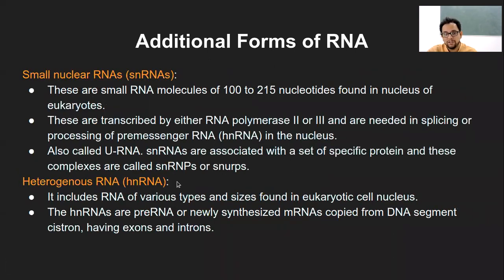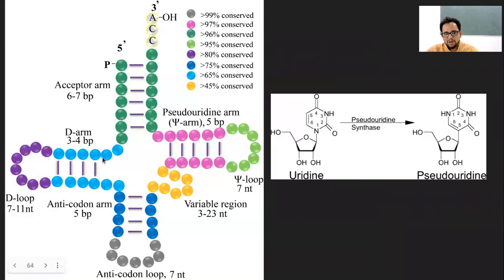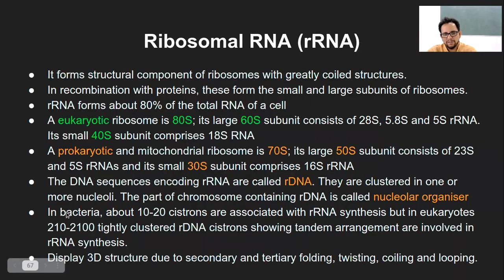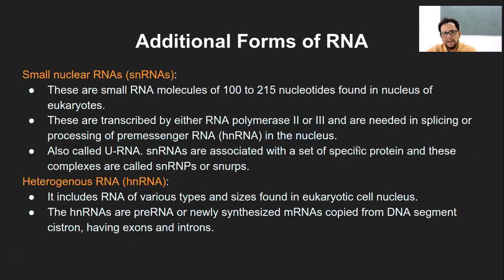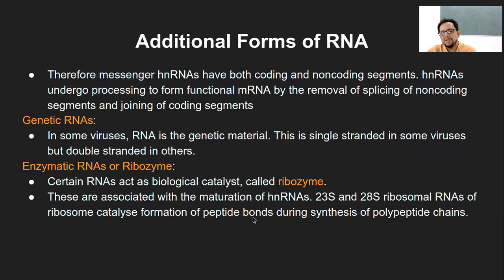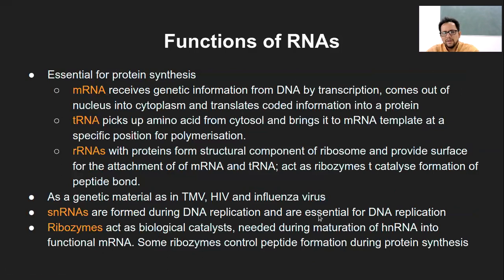Now look at the correlation: your tRNA molecule has this particular arm which binds to the ribosomal site. That ribosome has these rRNAs, 28S and 23S, depending on prokaryote or eukaryote. These molecules ultimately catalyze the formation of peptide bonds. So all these three actions are in sync, and that is the ribozymes as the last type.